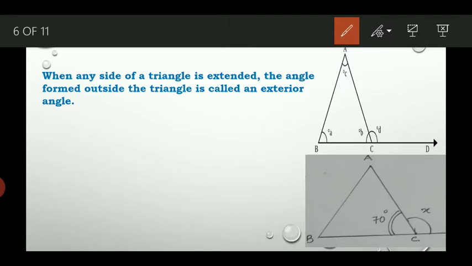You see, I am extending these sides of a triangle. Then when the angle is formed, this angle is called an exterior angle. Similarly, if I extend this side also, then this angle will be an exterior angle. It is known as an exterior angle because it is outside the triangle.